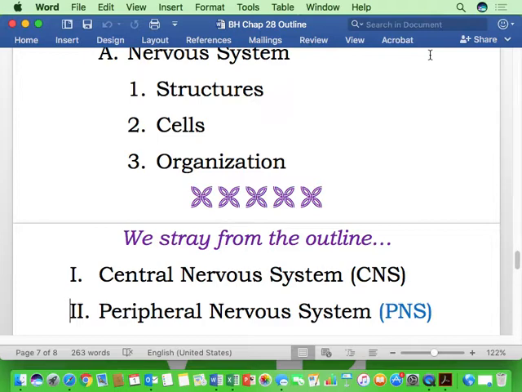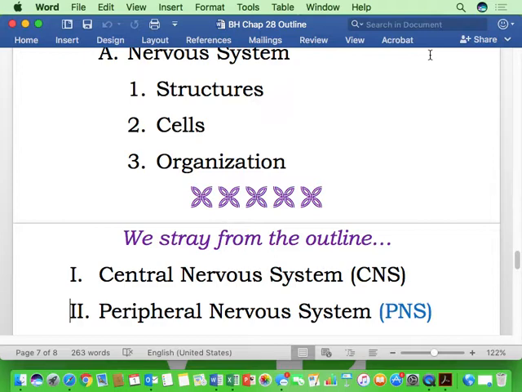The peripheral nervous system consists of the peripheral nerves. Okay, so those nerves that are radiating from the central nervous system. The peripheral nervous system is in charge of sensory input and motor output.